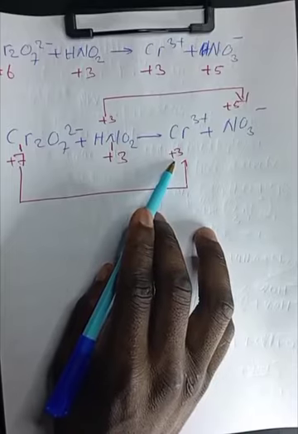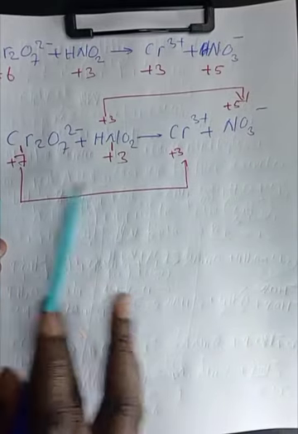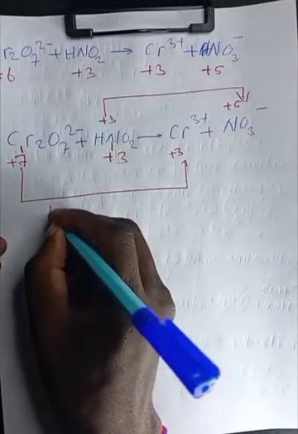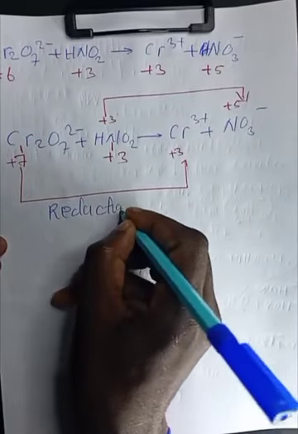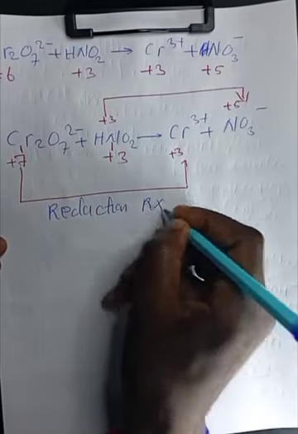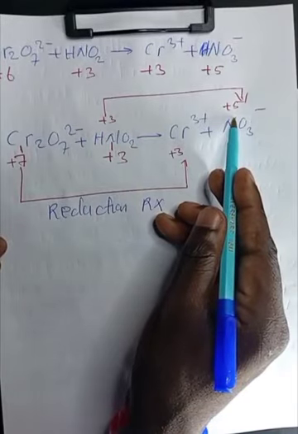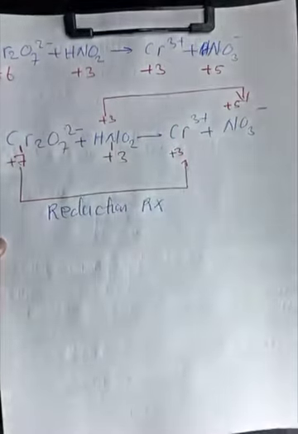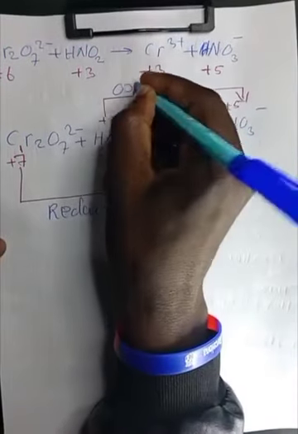So the definition has helped us to identify that there was a decrease here. Meaning this one is our reduction reaction. Now from positive 3 to positive 5, there is an increase by 2. An increase in oxidation number is called oxidation. So this is oxidation.